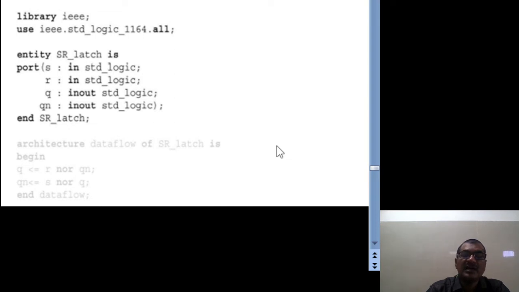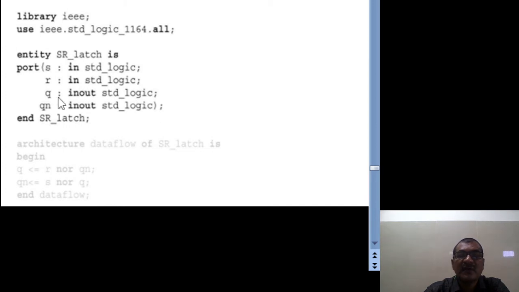You all know already the entity declaration, how it is declared, using the word entity. Here, entity, name of the entity RS Latch, port of how many inputs and outputs are mentioned here. RS Latch has two inputs, S and R, and two outputs, Q and Q bar. Their names are represented as S colon in standard logic, R colon in standard logic.